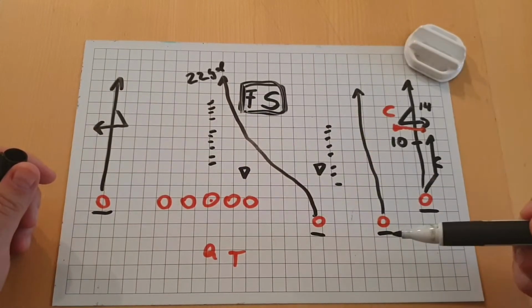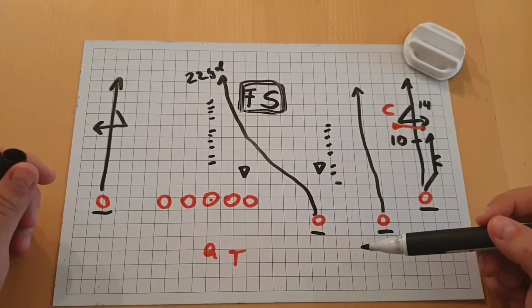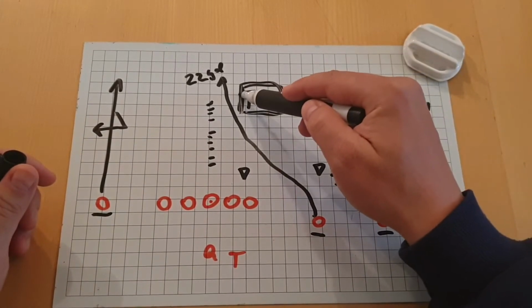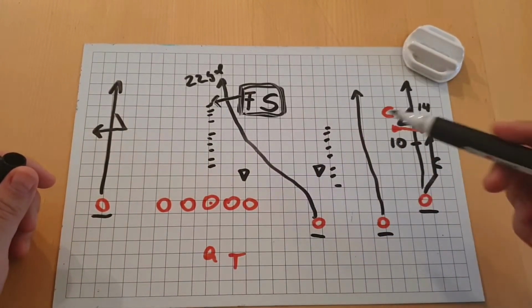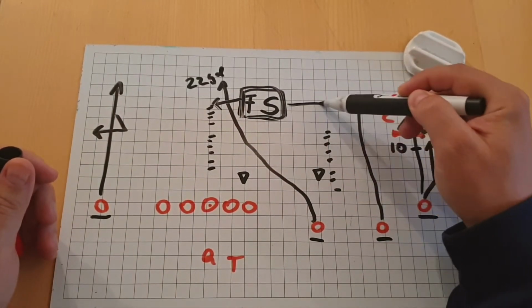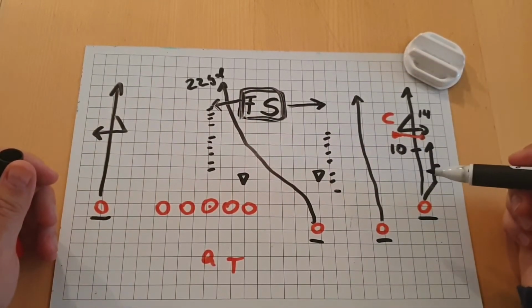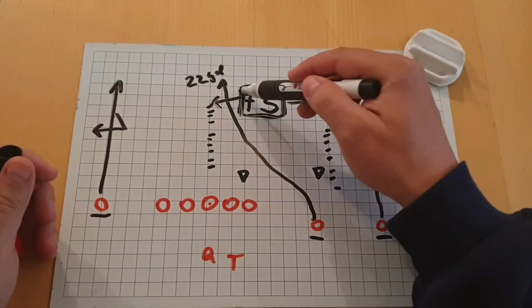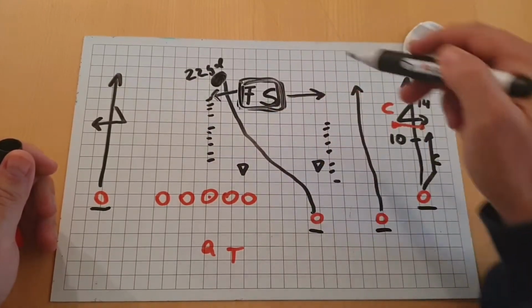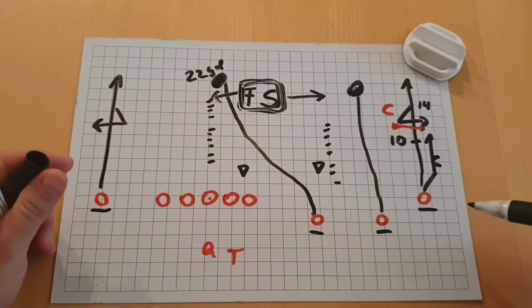As a quarterback, you want to check out where the safety is aligned. Does he have more? Is he leaning more towards this hash, or is he more leaning towards this hash? Or let's put it another way. Is his alignment more towards this catch point or more towards this catch point?